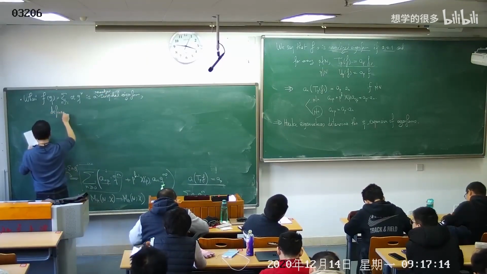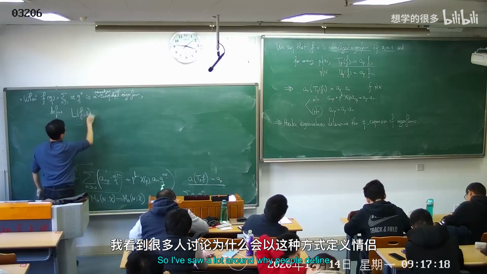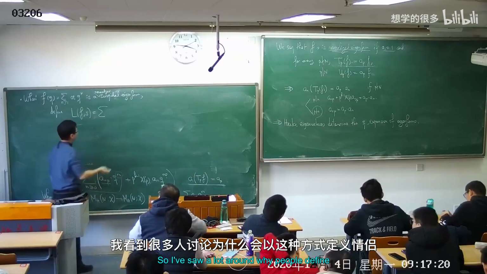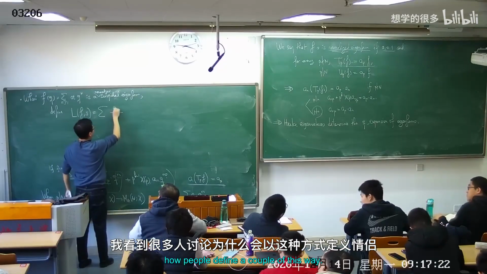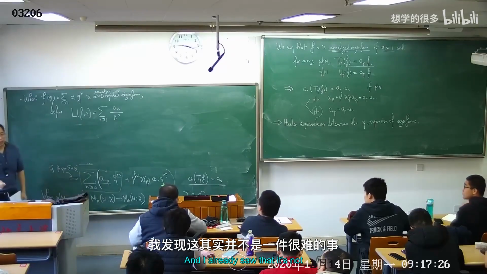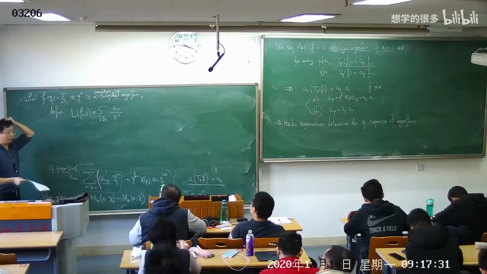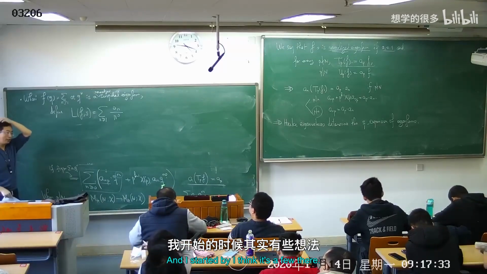I feel like, so I've thought about this, why people define the cell function this way. And at least I already thought that this is not such a reasonable thing to do.